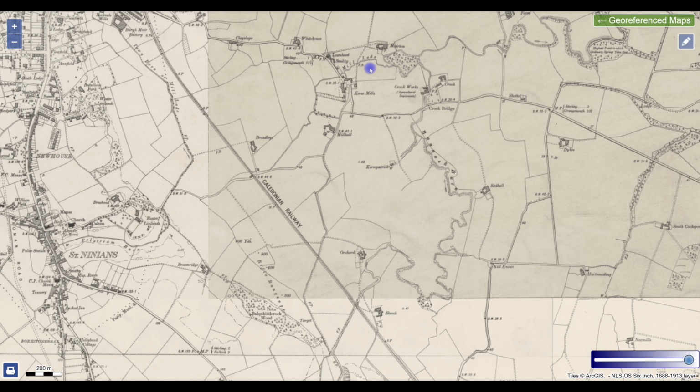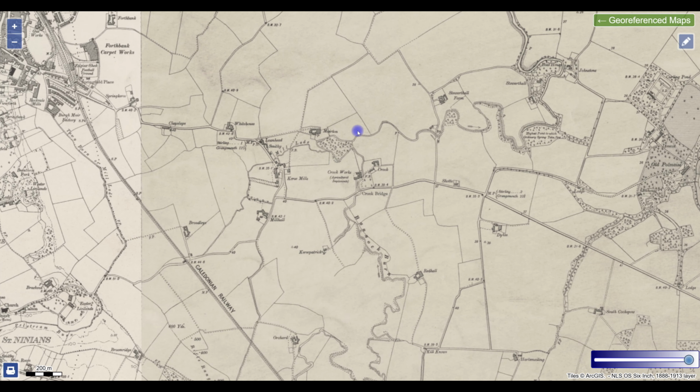Now it's marked on here as a mill lade, but it's not, it's a Pell Stream burn, which comes back here and it ties in with the town burn here. As you can see, this is a Pell Stream burn and it comes all the way down here into its confluence.